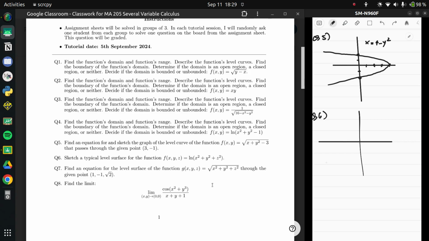Like, this is just one of the level surfaces. You would need many to be able to understand what's going on, and I don't think you can see a sphere inside a sphere. That doesn't make sense. So fine, I'll just draw this sphere and be done with it, I suppose. So I just set z equal to, sorry, w equal to 0, or f equal to 0, that's right.